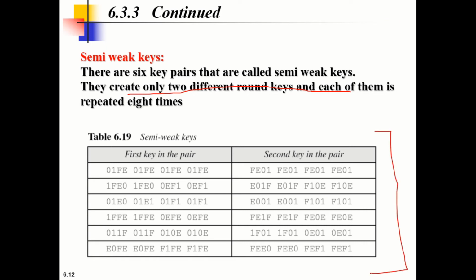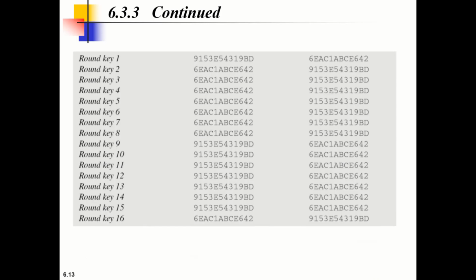These key pairs are in 64-bit without dropping the parity bit. Okay, so what does it mean that two different round keys are generated? For 16 rounds, if two different keys are generated, that means each key will be used 8 times, right? So how is it done?